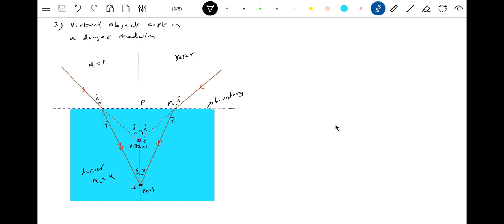So who is the viewer? The viewer is here. So he is an eye, viewing it normally. So for him, the object will appear further away from the boundary. So the same real depth and this will be the apparent depth.